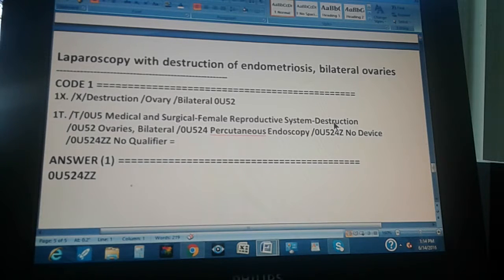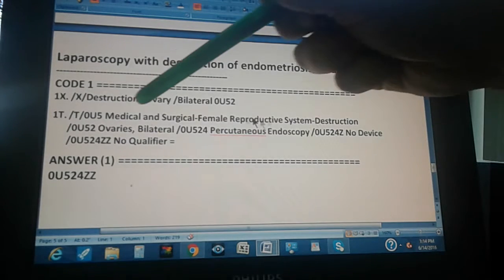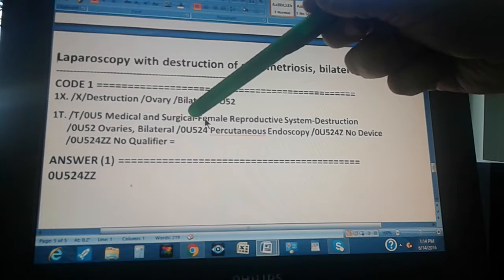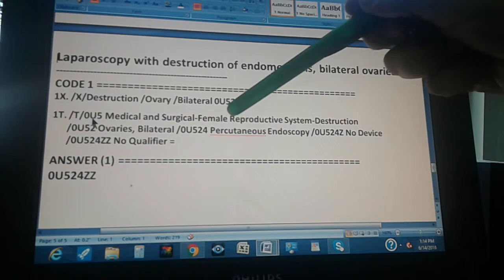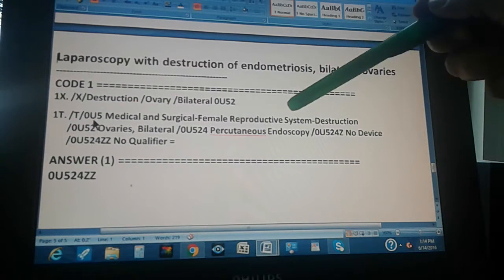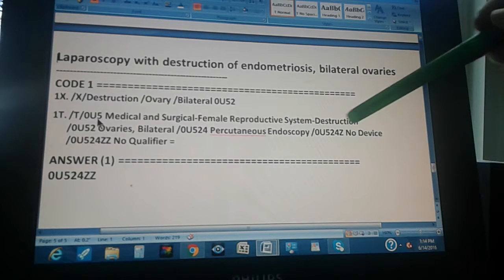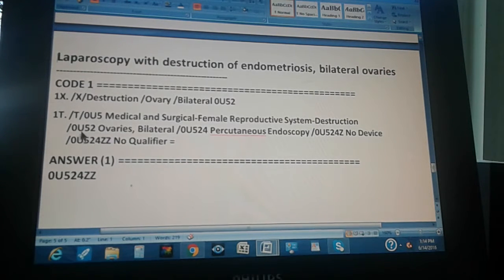This is the section, a quick review. This is the body system, the female reproductive system, and this is the root operation. Those are the first 3 characters. Now we get one more character from the index, which is 2. What is that 2? Ovaries bilateral.